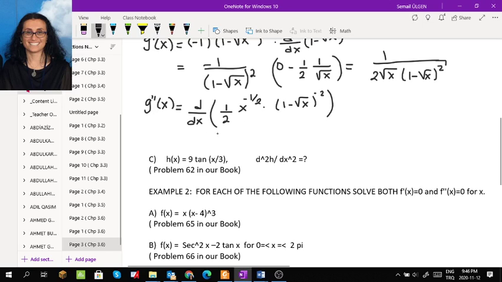I just chose it to be. And here we have 1 over 2. This is the product of the two, so I'm going to keep the first one as it is, and take the derivative of the second. Okay, we just write it down.